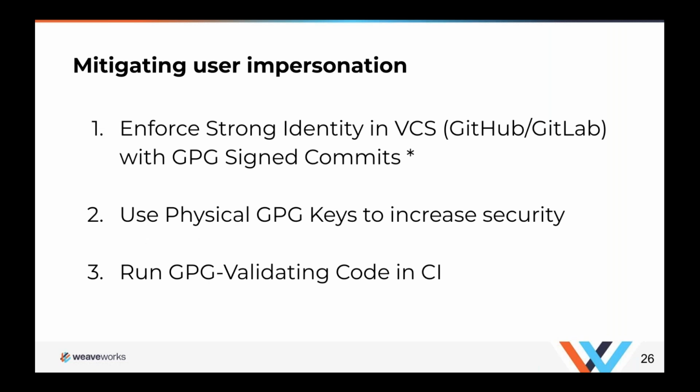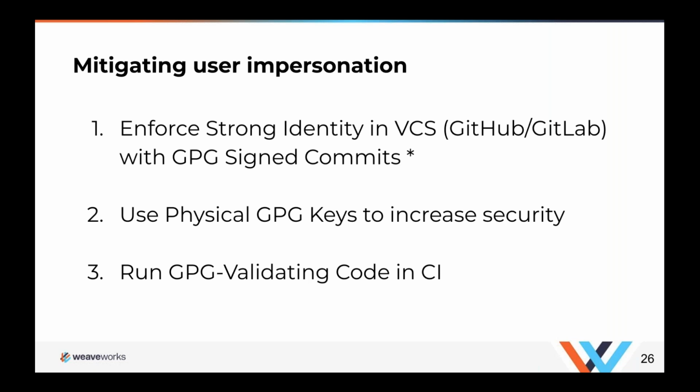So the first one you really want to care about is making sure that identity, knowing who a user is, is strongly enforced, right? You can do that through a variety of means, but one of them is signed commits. You can sign a commit with a GPG key, which guarantees that the author of the key was signing the commit, or at least whoever had access to the private key.